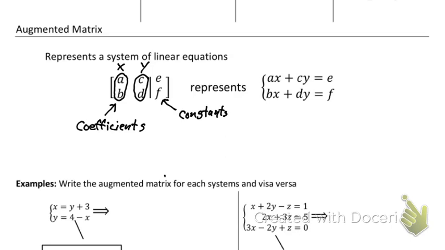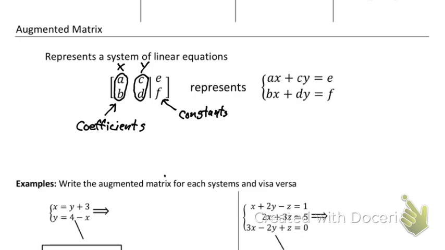But I think the big takeaway is when we convert it to a matrix, we no longer have x and y's in our matrix. I don't put ax, by. In fact, all of these are just going to be numbers. You're going to have to know which column is represented by which variable. All right, it will not be written on it. It will be strictly just numbers.